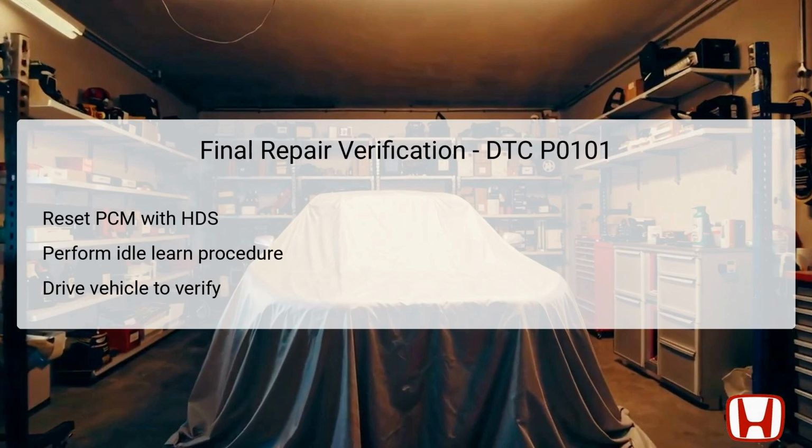After completing this procedure, it's essential to test drive the vehicle for several minutes, ensuring that the engine conditions remain within the previously monitored parameters. Monitoring the OBD status once more will confirm whether DTC P0101 reappears or if the system clears successfully. A check for confirmed codes or pending codes should be performed to ascertain the efficacy of the repair work.